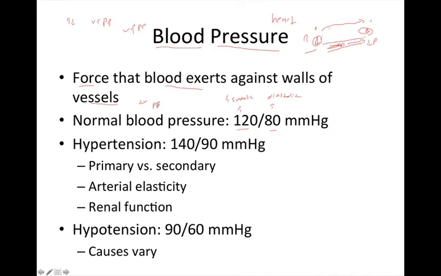And that increase in pressure is driving a higher volume of blood into the vascular system. When the left ventricle squeezes blood out through the aorta and disperses more blood throughout the arterial system, that creates a higher pressure. So that's why systolic under normal conditions is going to be higher than diastolic.